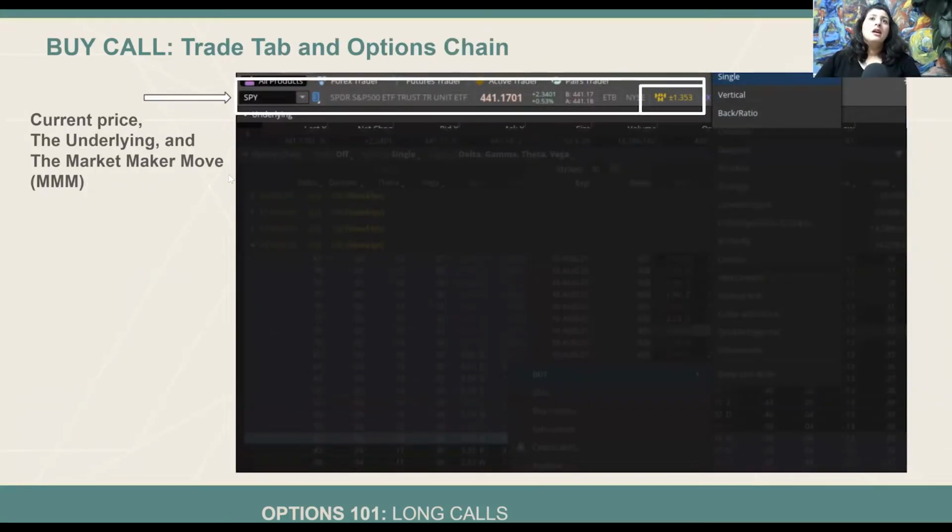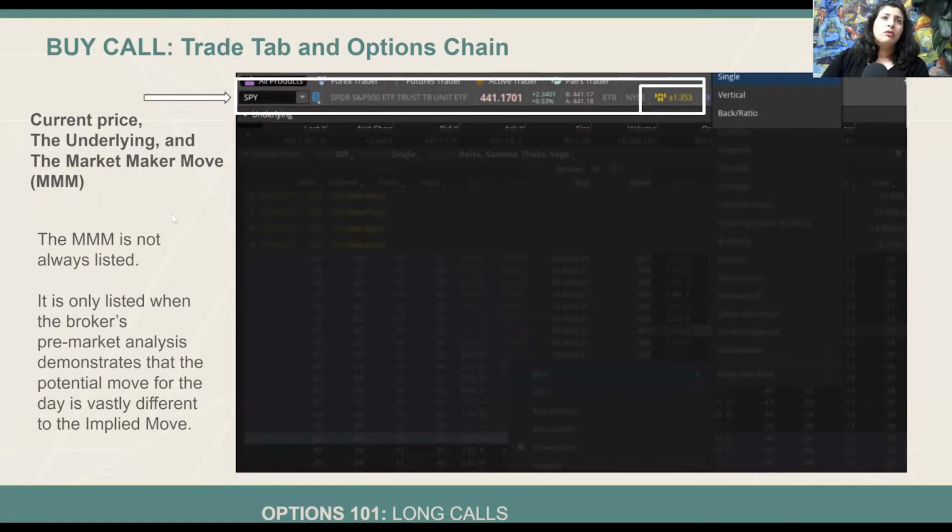Again, on your trade tab on the option chain, you will find the underlying that you're looking at, the current price, and oftentimes you will see the MMM, which is the market maker move, the dollar movement that the market maker believes the underlying is going to move.